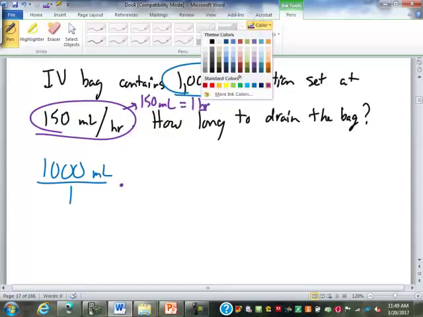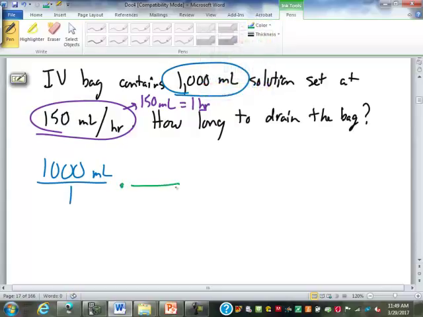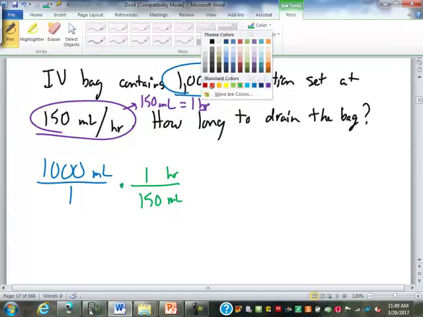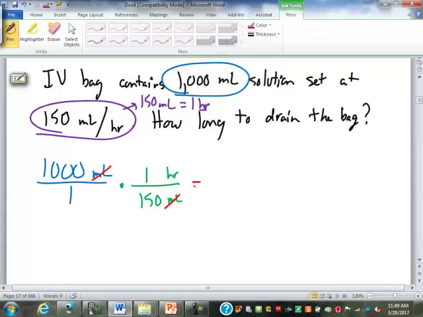So here, to get rid of milliliters, put milliliters on bottom, and I am going to convert it into hours. 150 milliliters is equivalent to 1 hour. And so the milliliters are gone, and we are now in hours. So 1,000 times 1 is 1,000 hours over 150.